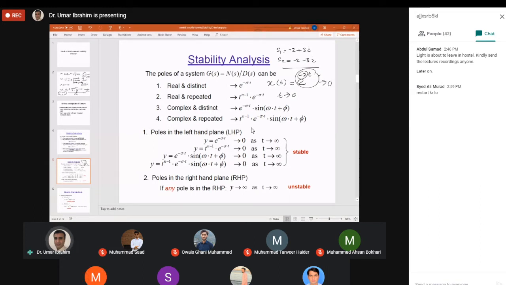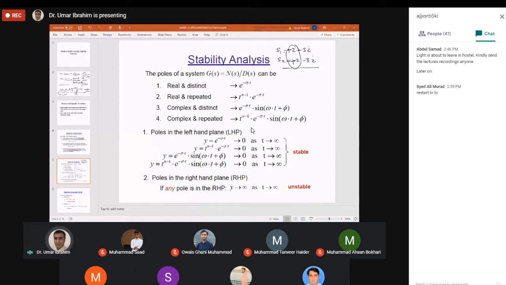But what if we have a positive 2 here? Then as t approaches infinity, x of t will approach infinity. So whether the natural response approaches infinity or approaches 0 as t approaches infinity depends solely on the real part of the poles.